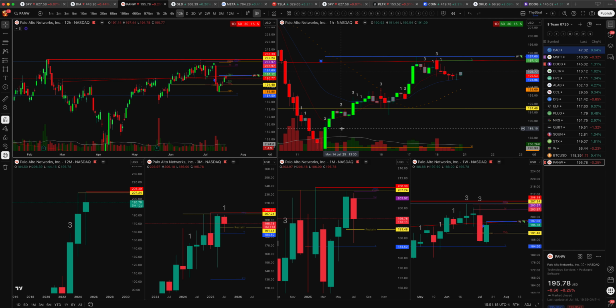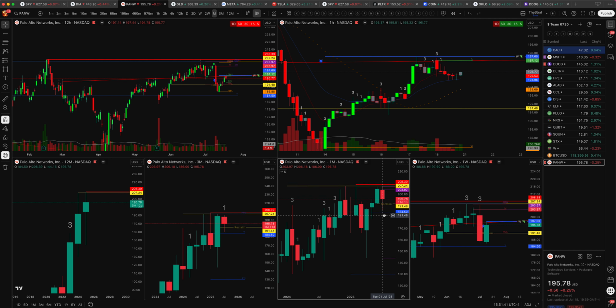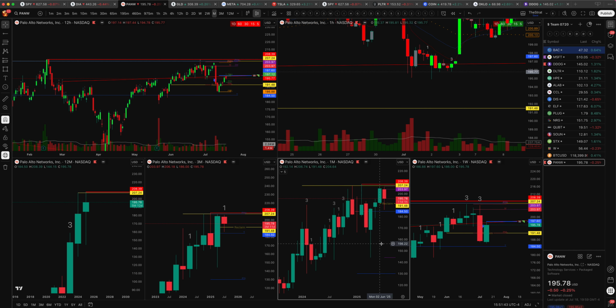Hence, I like to oppose 1 day to the week, because in this case, Pan W has the weekly close near the middle of its weekly mother bar. It's also close to the middle of its monthly mother bar. So I don't see anything telling me it's going to bust and go over that, or am I going to avoid the risk of it turning around and going to the downside on both of those time frames? That's what I look at for risk. It's all the math.